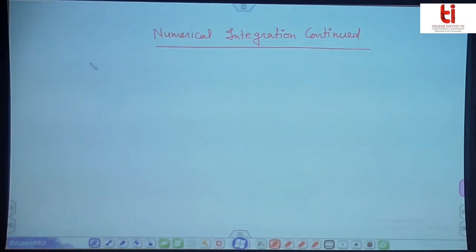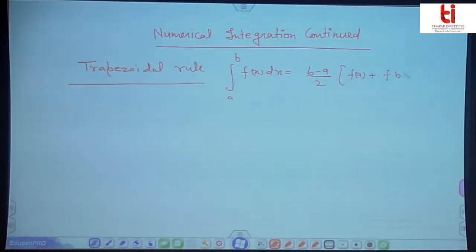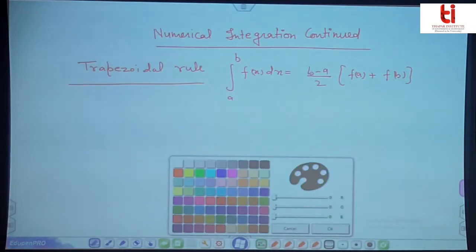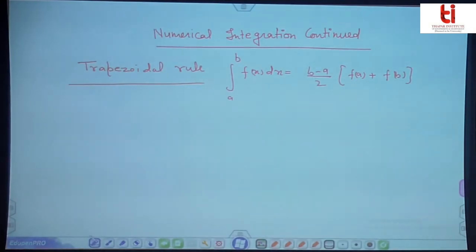In the previous class we have discussed the trapezoidal rule, Simpson rule and their errors. Trapezoidal rule is what? The integration from a to b of the function f(x) is equivalent to (b minus a) upon 2 times f of a plus f of b, or we can replace this b minus a by h equal to b minus a.